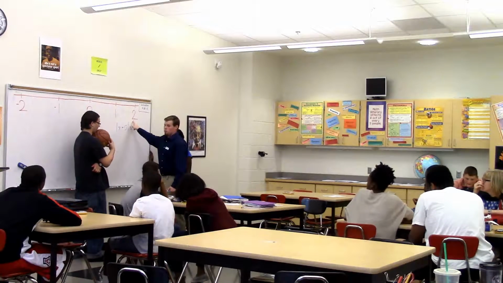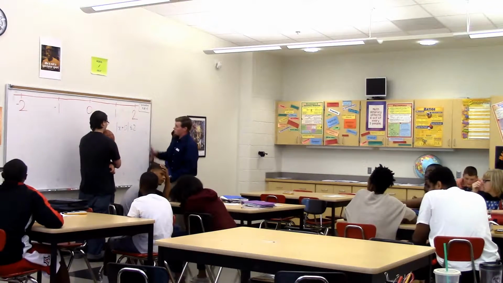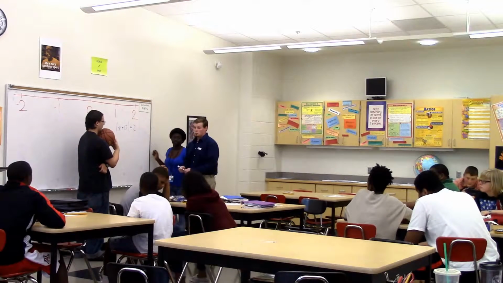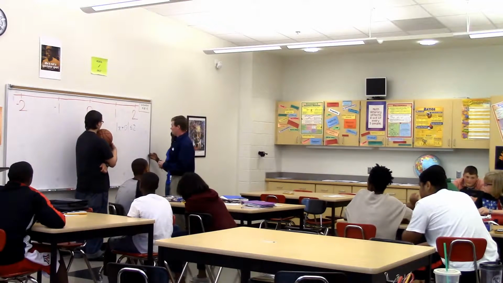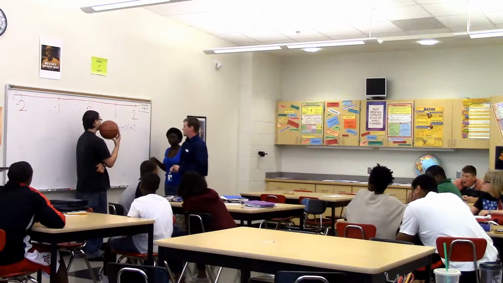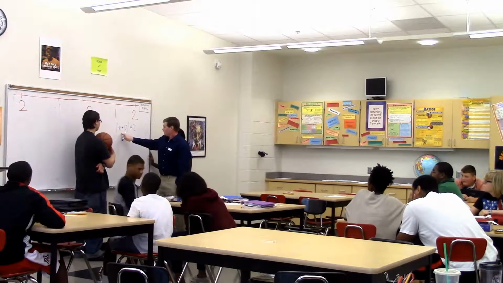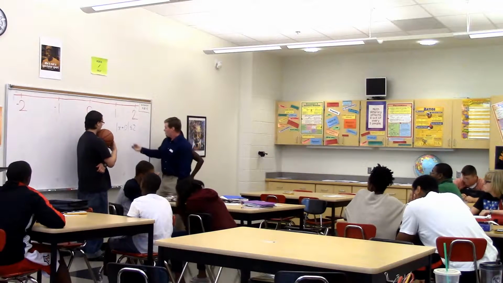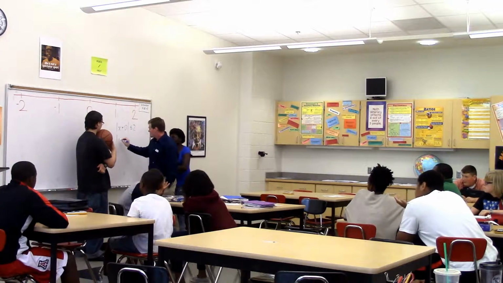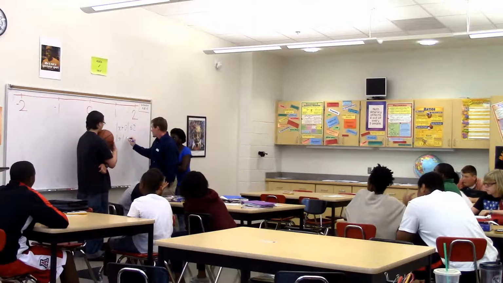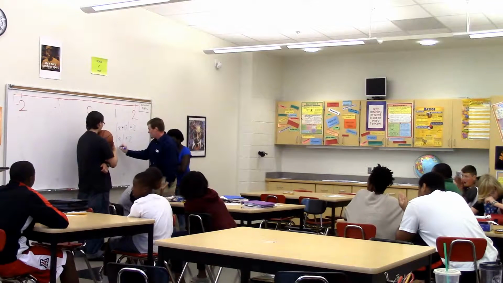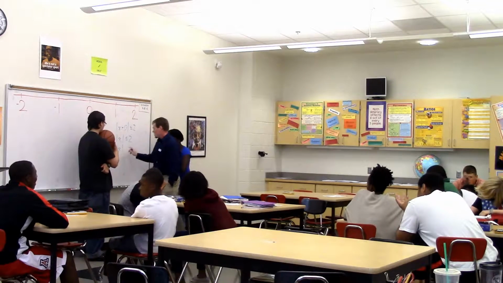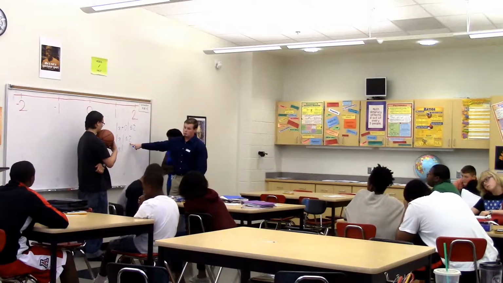Negative 2. Negative 2, very good. And the distance on both sides of his position has to be 2, okay? All right, so you guys remember that absolute value means positive and negative, right? Okay. So you have x is less than or equal to 2, and x. Now what happens when you change the sign on this side?